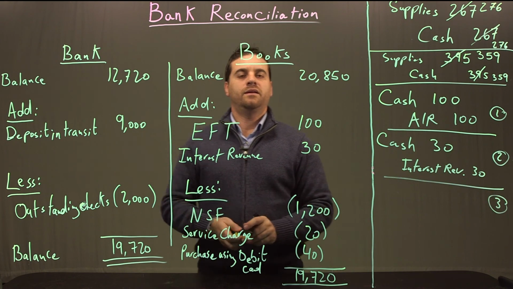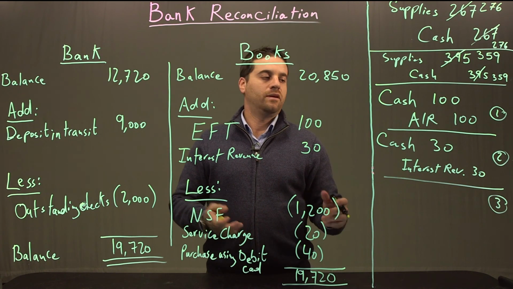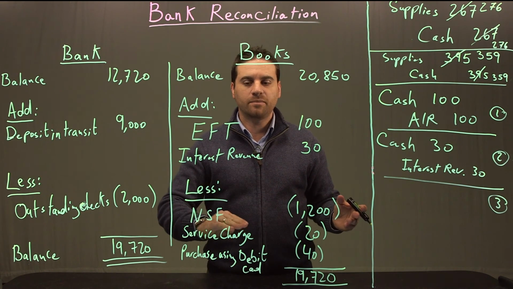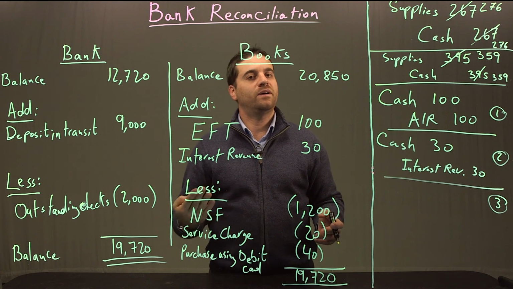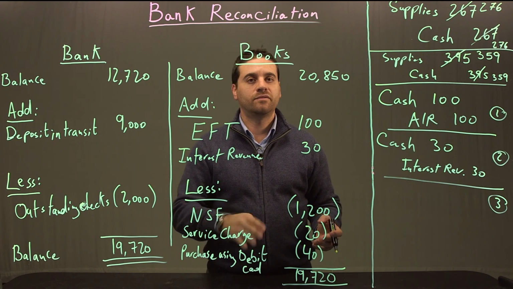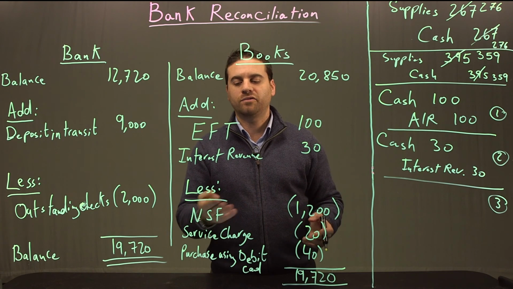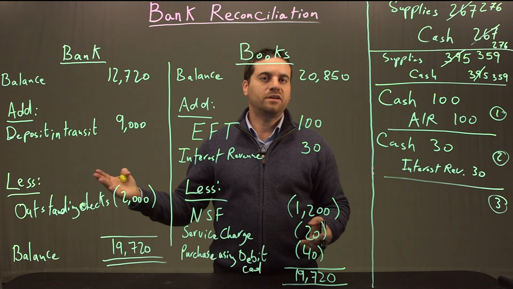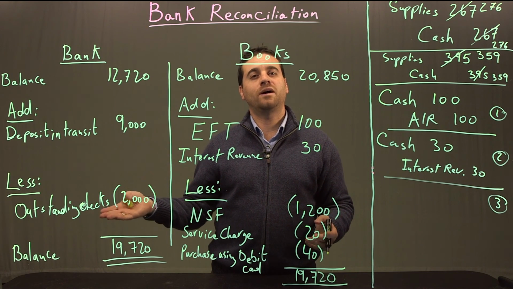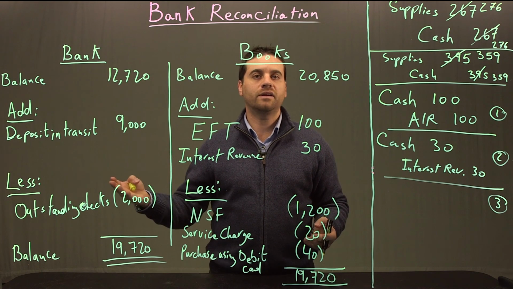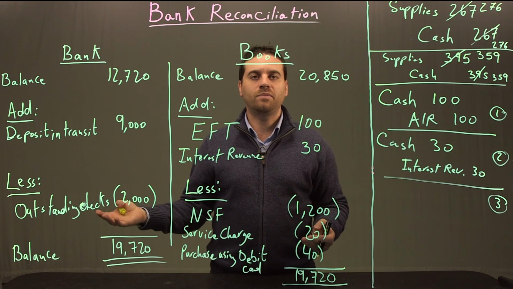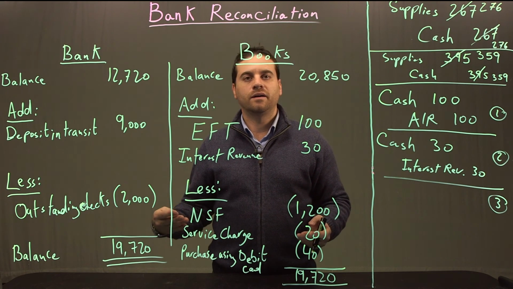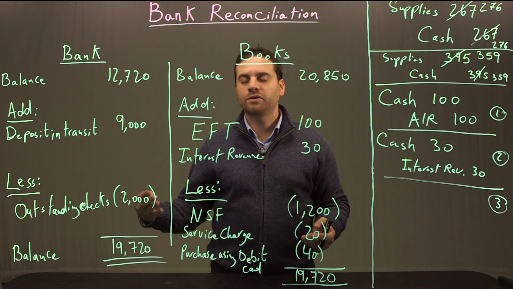Okay, number 3, NSF check. Now, how do we deal with that in our journal? Well, of course, we have to credit cash this time because I'm decreasing my cash. Well, what about the debit side? Are we going to say NSF? No, we're not going to create a new account for NSF. If there was a bounced check from a customer, the first thing we're going to do after we get to know about it is to call the customer, follow up with the customer, and ask him to come and pay what he owes us. Come and get back your bounced check and give us a different check or a money order or money.